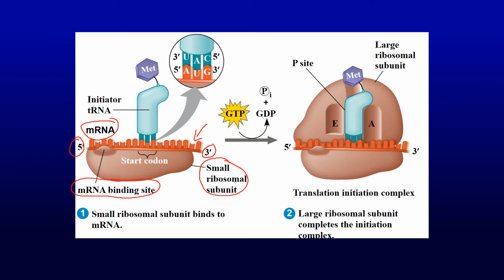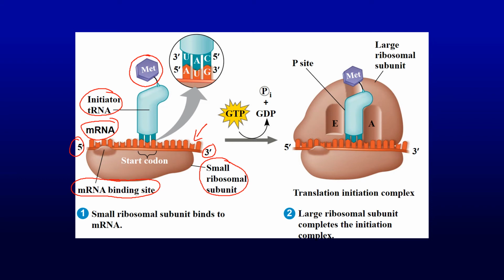So, as soon as the messenger RNA binds to the small ribosomal subunit, we get an initiator transfer RNA come flying in. And usually that initiator transfer RNA has this amino acid attached to it. MET stands for methionine. It's the amino acid methionine.